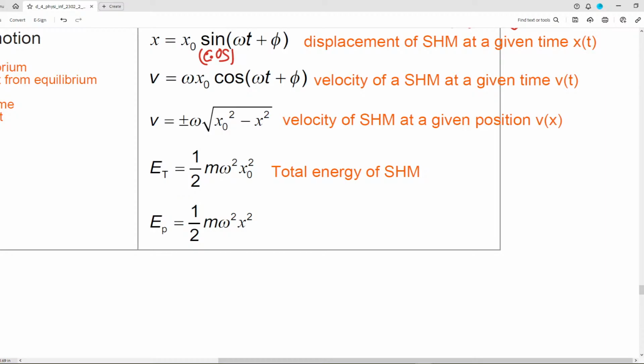This is just 1/2 k x0 squared, the maximum EP. This is the maximum energy in half. But you'll notice EP is equal to 1/2 kx squared. So it means this is just the maximum EP, which, think about conservation of energy, makes total sense.